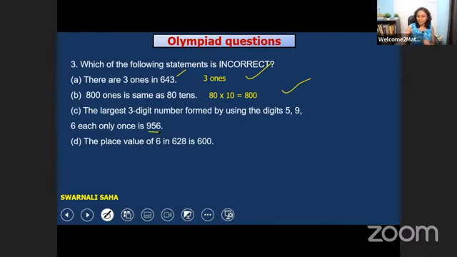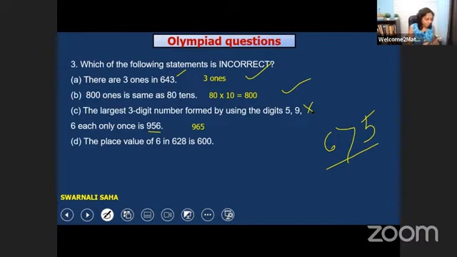So what would be the number? The number would obviously be 965 because 6 is greater than 5. So 965 would be the right one. So this is the answer because this is incorrect. It's not right. Here our question is which of the following statements is incorrect? So that would be our answer.